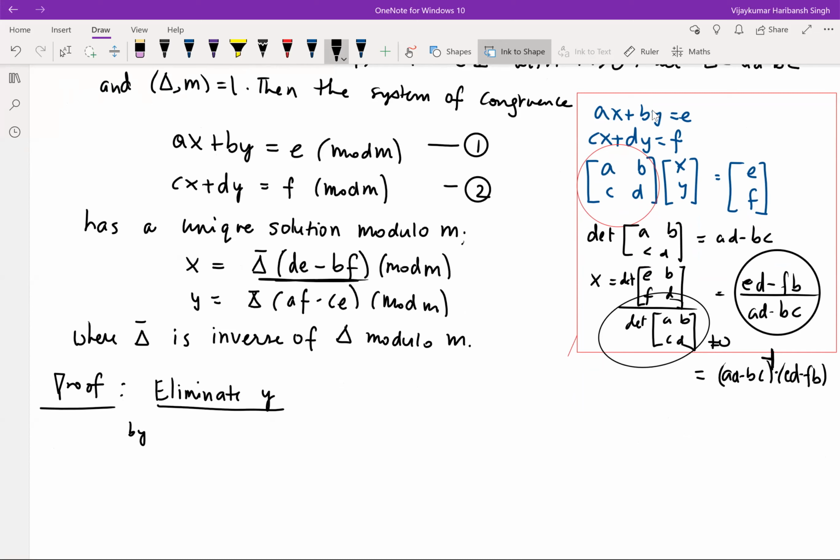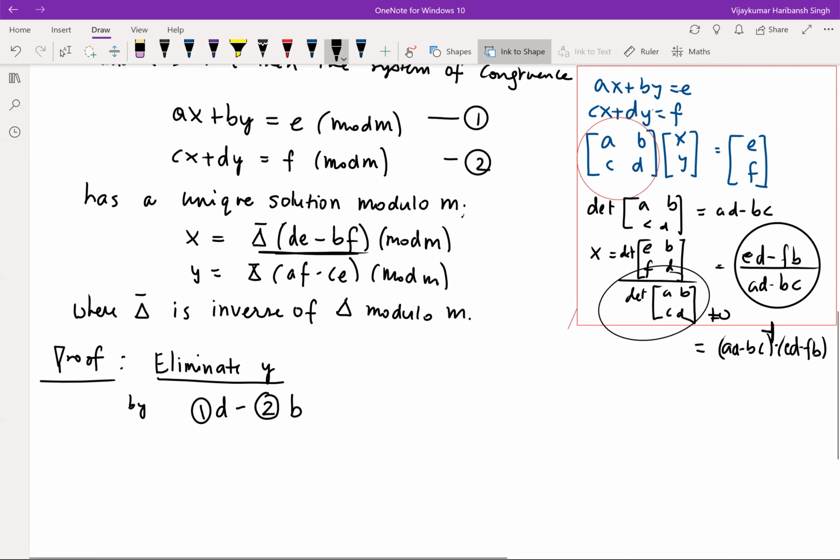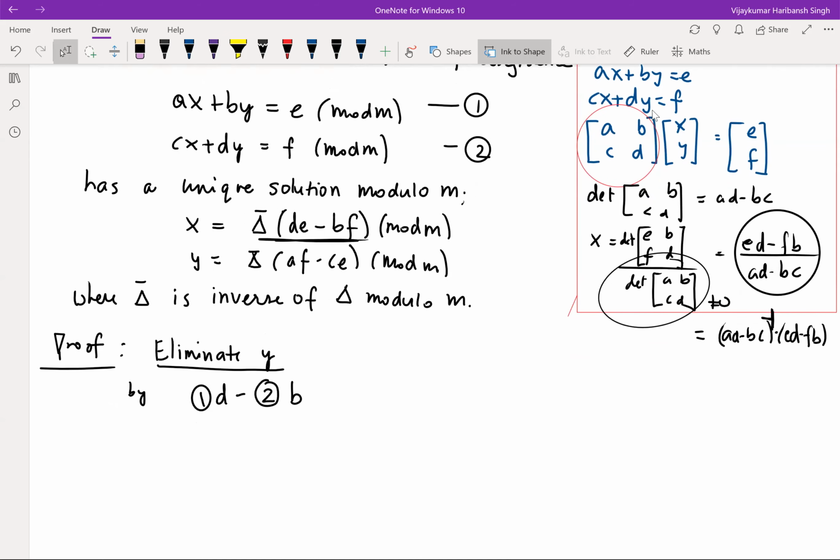So to eliminate y, we take equation 1 times d minus equation 2 times b. Let's just multiply it out.